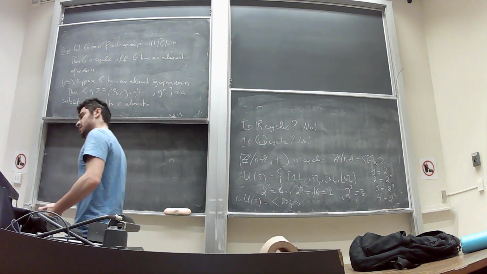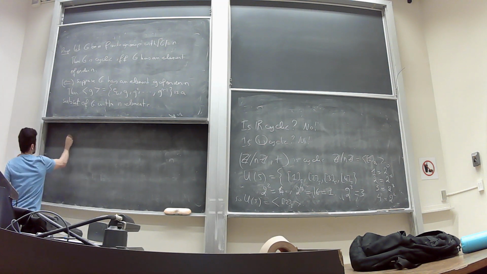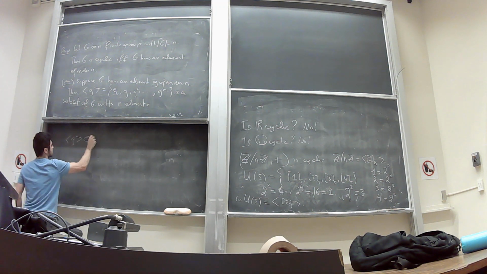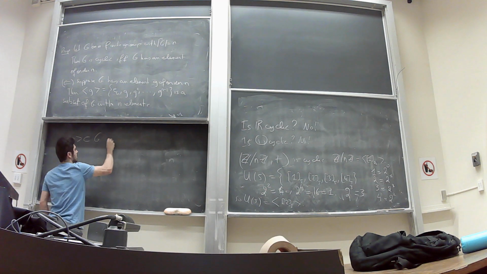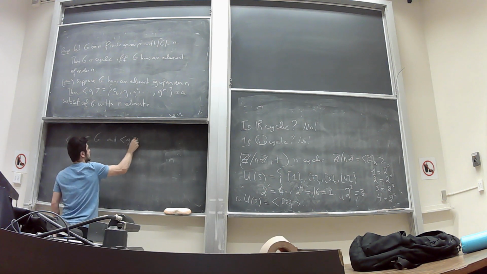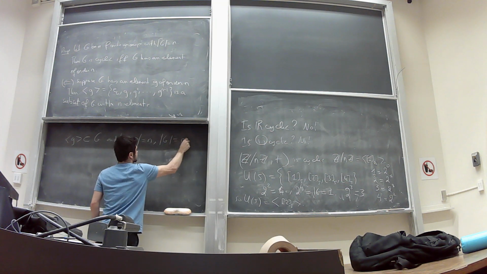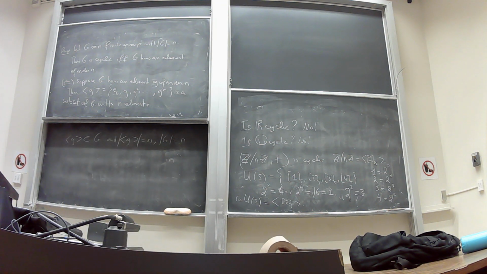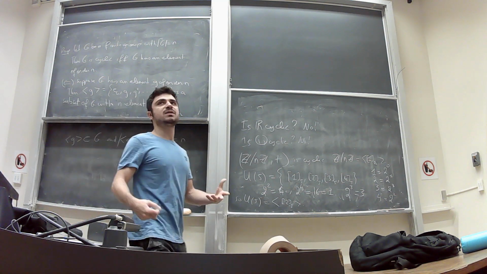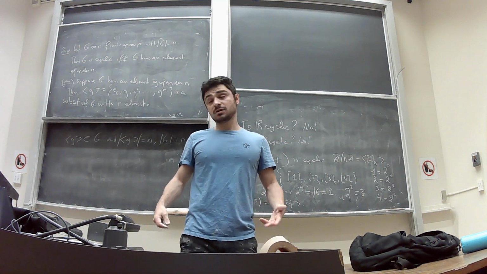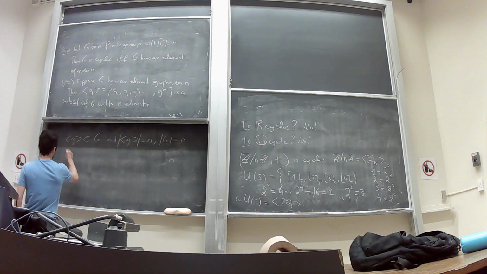Now, if I have a subset of G, and G has n elements, and the subgroup generated by little g has n elements. What can I say about these two sets? If you have a subset of size 5 of a set of size 5, what can you say about these two things? They're equal, right? The subgroup generated by g equals G.